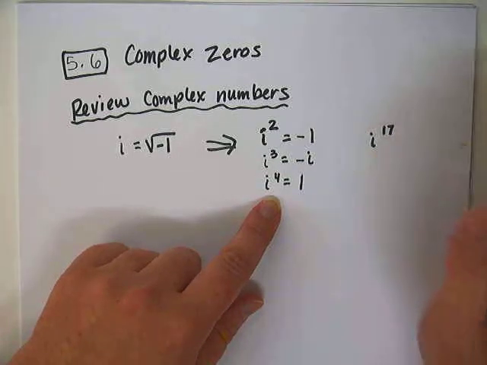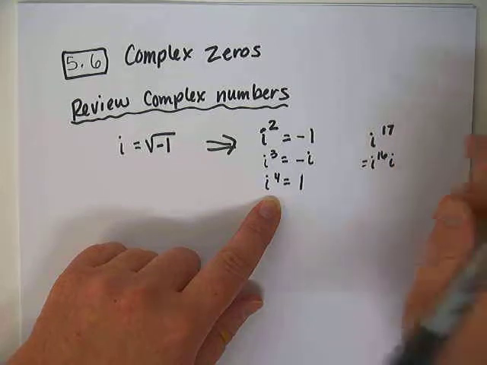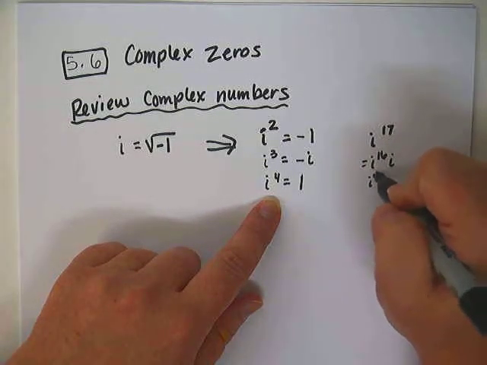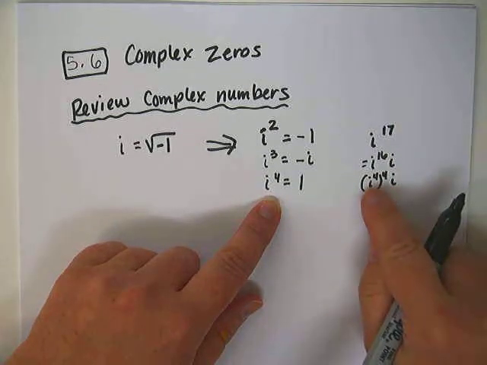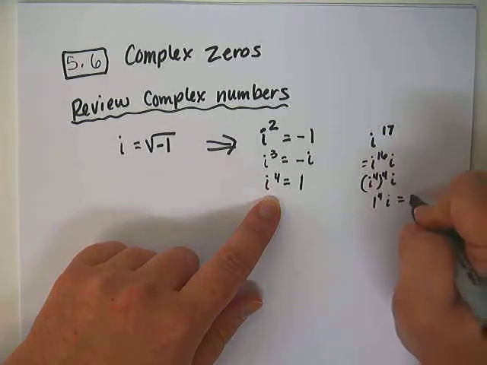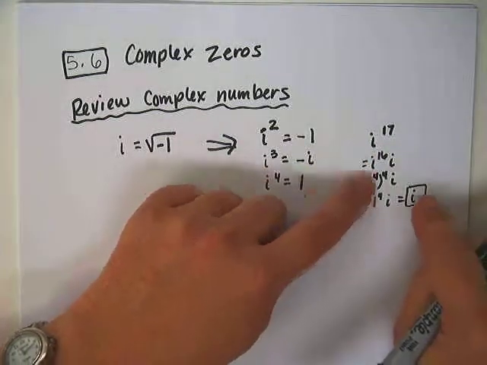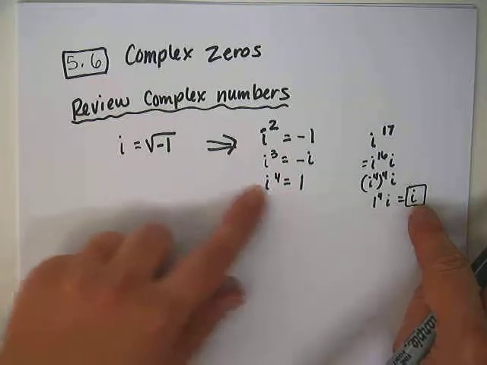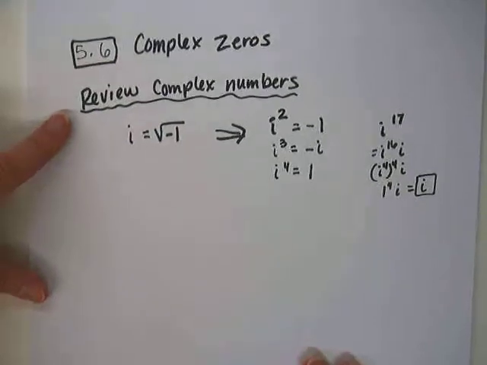So if you have something like i to the 17th, that means it is i to the 16th times i. Well, 16 is a multiple of 4, so it's like i to the 4th times i. And of course, i to the 4th is 1, so 1 times i is plain i. So we're able to simplify any exponent on i to simply i, -1, or +1, so that i will never have a power.